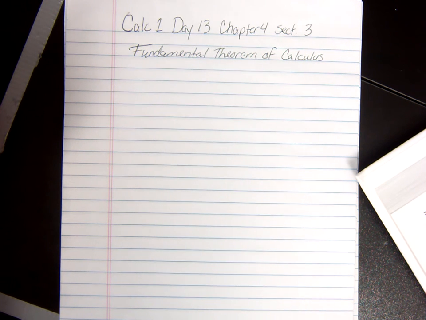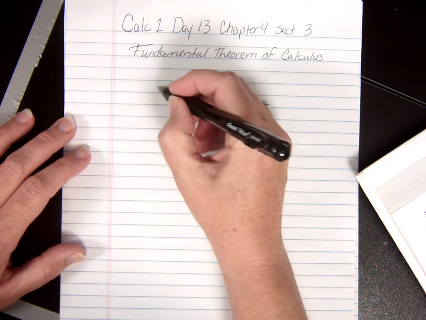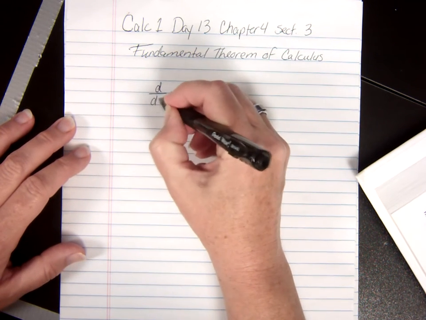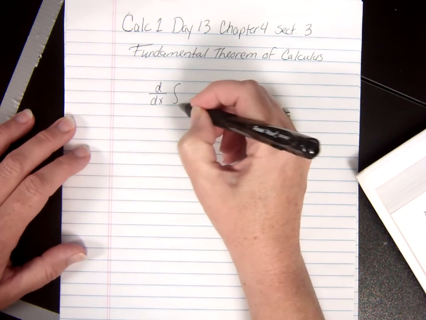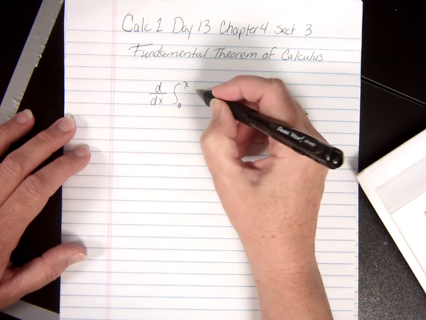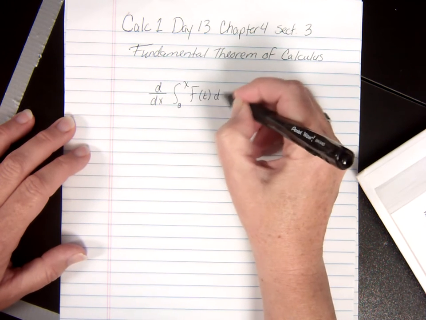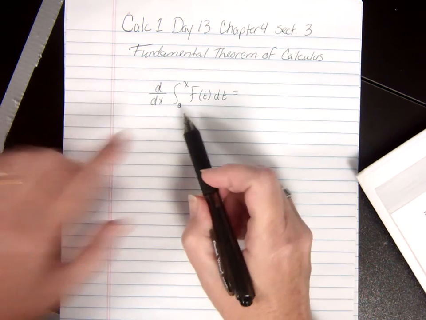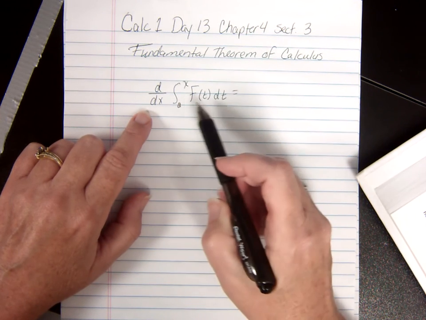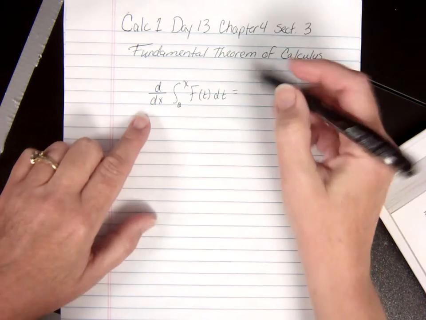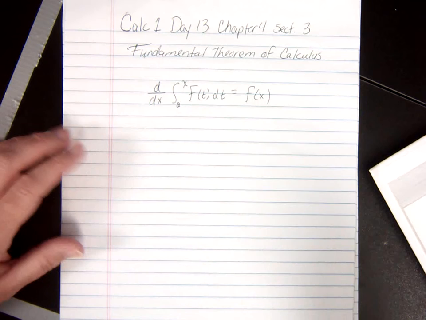The basic premise is, and this is going to seem a little bit redundant here, if we take the derivative of the integral from a to x of f of t dt, basically we're saying if we take the derivative of the integral, they are inverse functions, and we are going to get f of x.